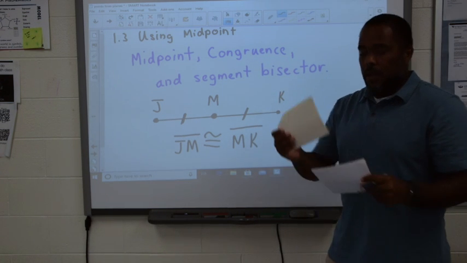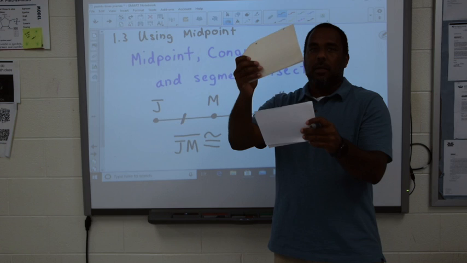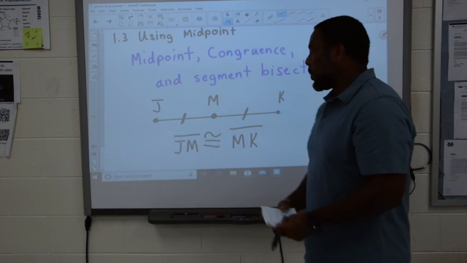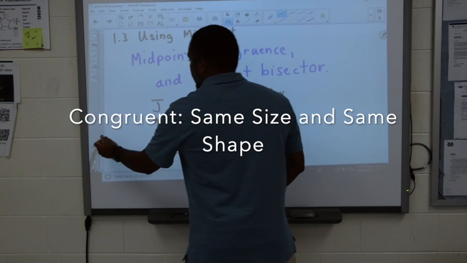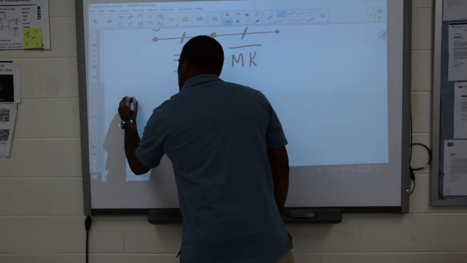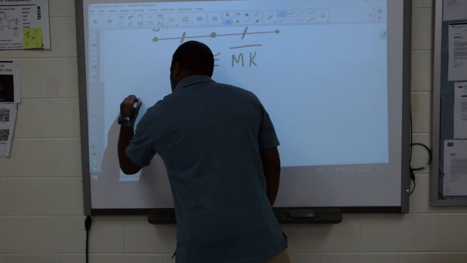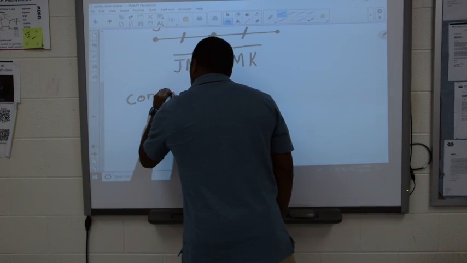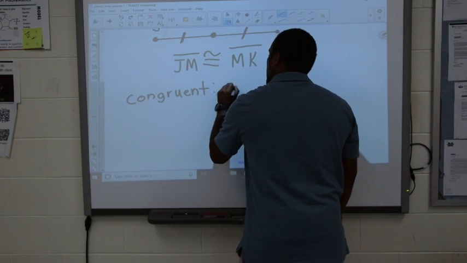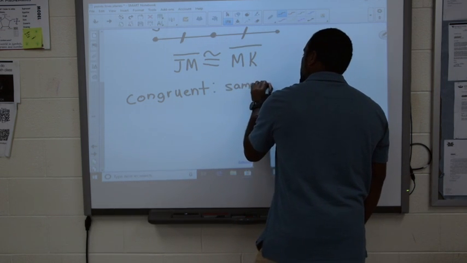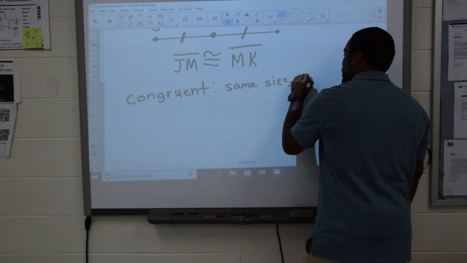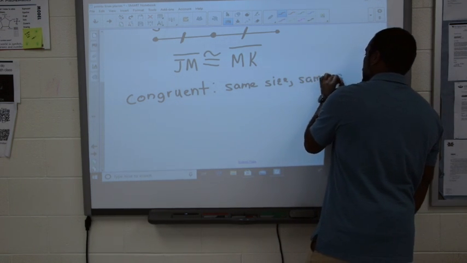Congruence means that two things are the same length, like these two right here. They're the same size, same shape. Congruence literally means same size, same shape. I'm going to write that down because it's that important. So we had congruence, same size, same shape.